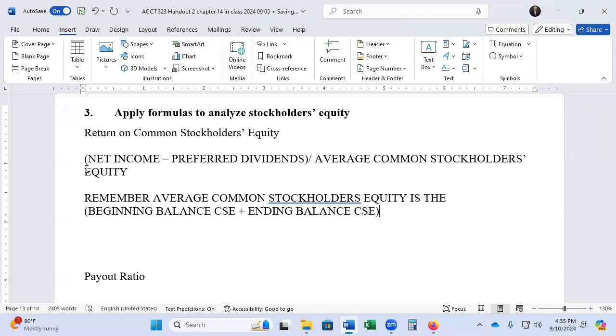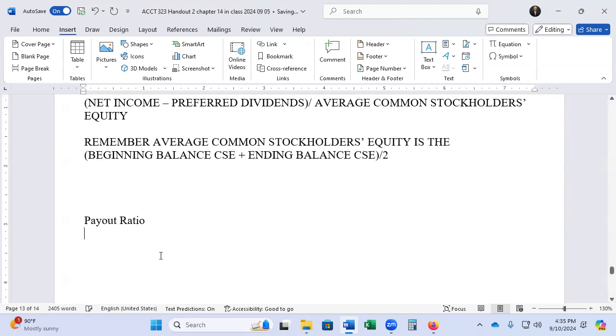Average equity is the beginning balance plus the ending balance of common stockholders' equity divided by 2. And that's how you get the average. Usually that's over a year. If they just give it to you quarterly, then you can only do it quarterly. Payout ratio looks at cash dividends to net income.